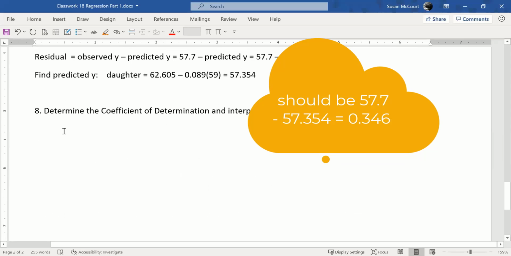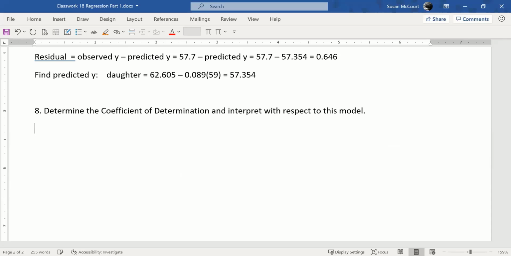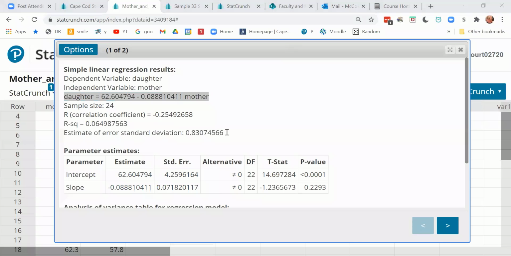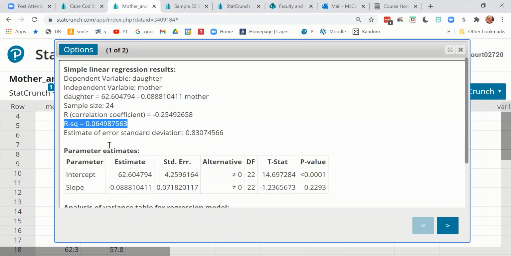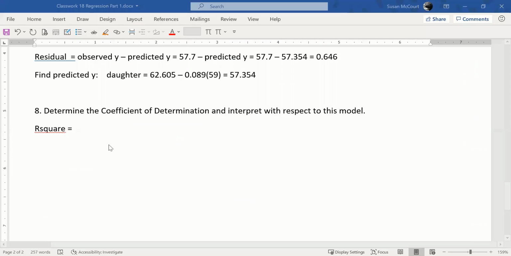And the last thing is the coefficient of determination, which is our r squared. You could just write the word r squared as if it's one thing. It's fine. So I'm going to go back to StatCrunch. My r squared is right at the bottom, below the correlation coefficient. I'm going to cut and paste that and go back to Word. So r squared is 0.065.